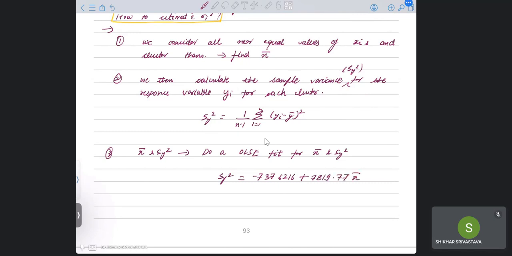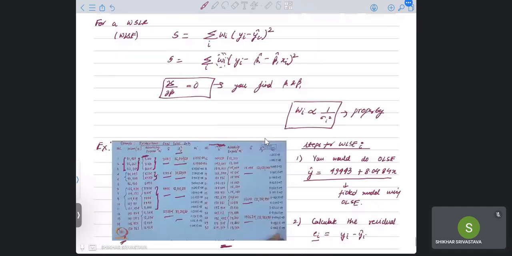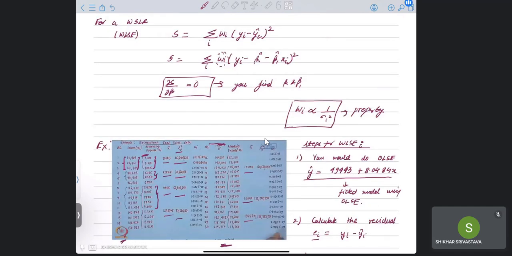7819.77 x bar. Now, interestingly, this fit is linear. If you just see, as you go on increasing the value of x, your sy square will also increase.